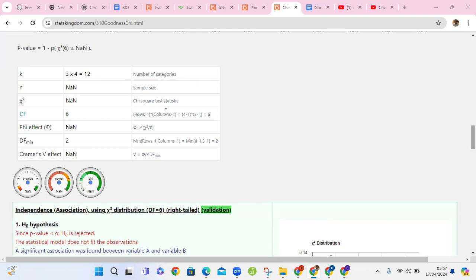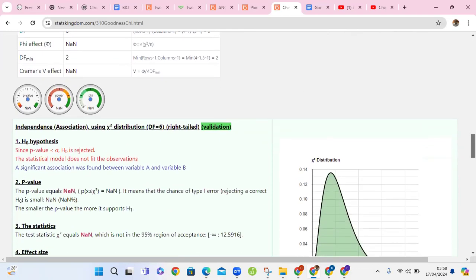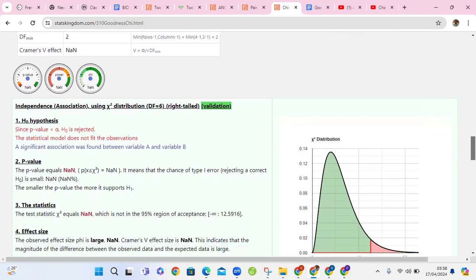It's recommended to use a different calculator than Statistics Kingdom for the chi-square test for independence. I'm not seeing the p-value directly, or it could be that I'm not seeing it. Okay, so let's try a different calculator.